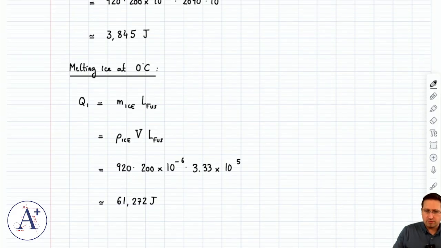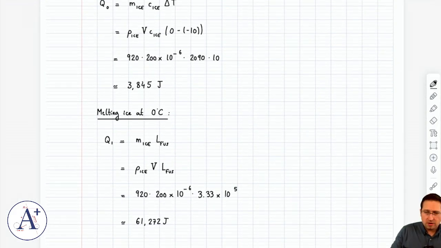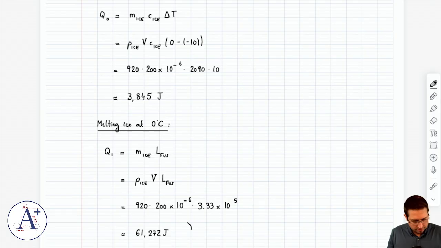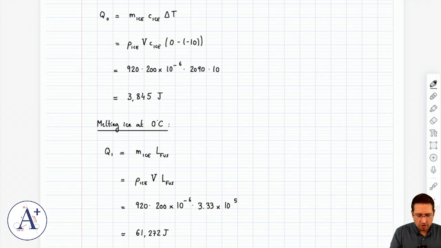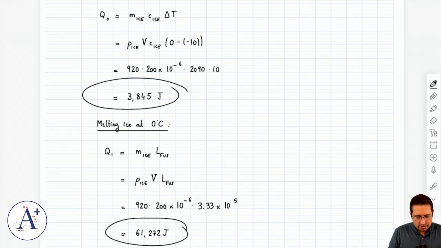Now, by the way, just as we're doing this, note that phase change is typically a lot more than just warming and cooling. Phase changes require an enormous amount of energy. If you want to melt ice at 0 degrees, it is going to require a lot more energy than this.